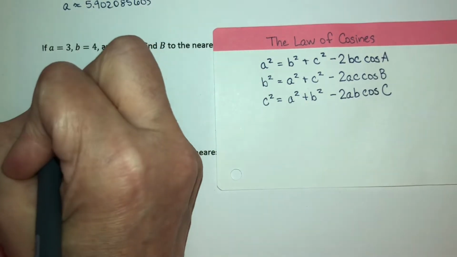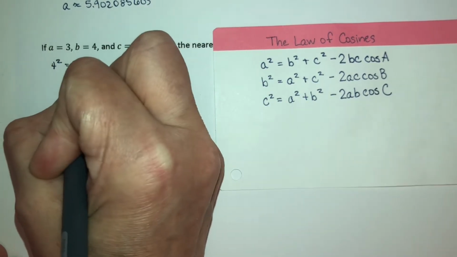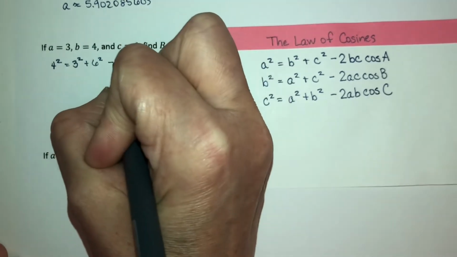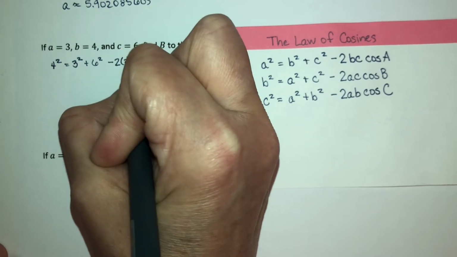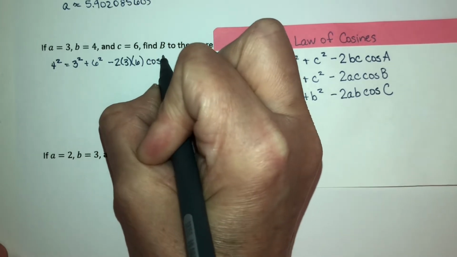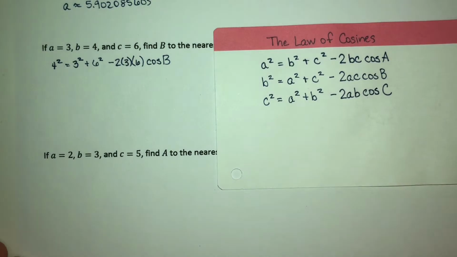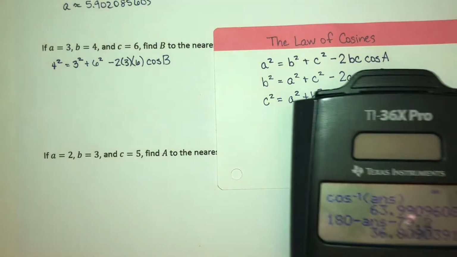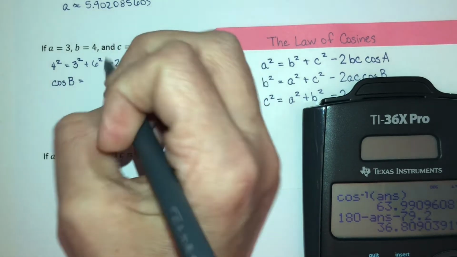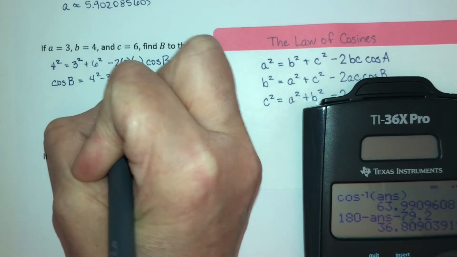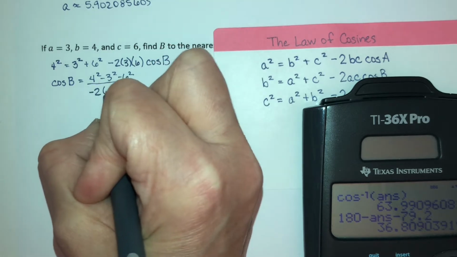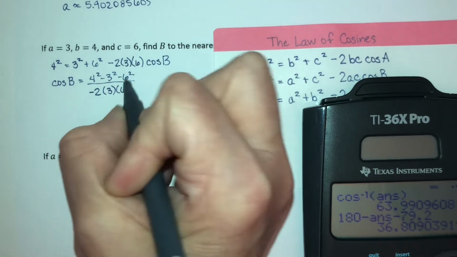So I have B squared is equal to A squared plus C squared minus 2 times A times C cosine of angle B. Okay, so just like on the previous problems, I'll end up with cosine of B equal to 4 squared minus 3 squared minus 6 squared divided by negative 2 times 3 times 6.